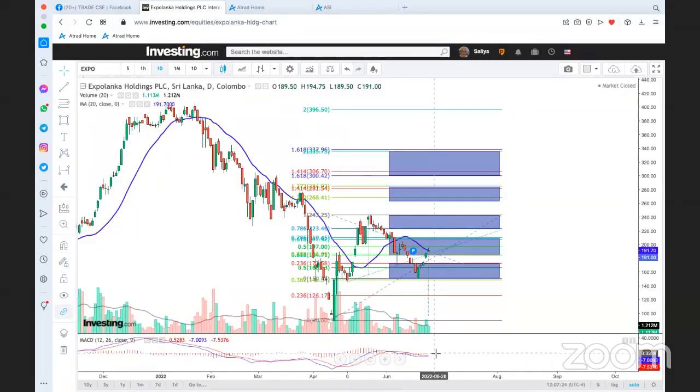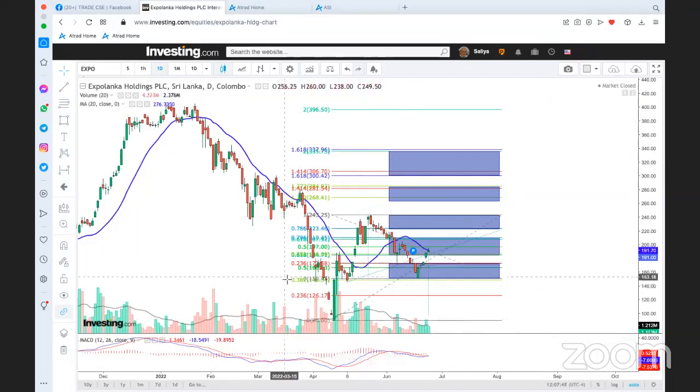But that does not necessarily mean the prices are going to shoot up, right? But it's a bullish indication, right? There are two things that happened on the same day. The MACD has crossed above the signal line and the price tested the 20-day moving average, right?